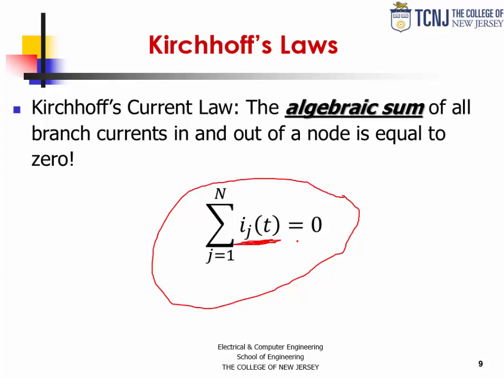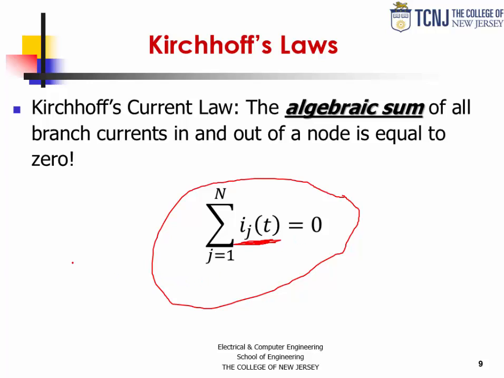What that means is that we're going to assign a sign to the direction of the current into the node. We're going to say that if the current is flowing into the node, it's going to have a negative sign, and if the current is flowing out of the node, it's going to have a positive sign. So when we sum these currents, when we add them together, we're going to preserve those signs according with the direction that they have in or out of the node.